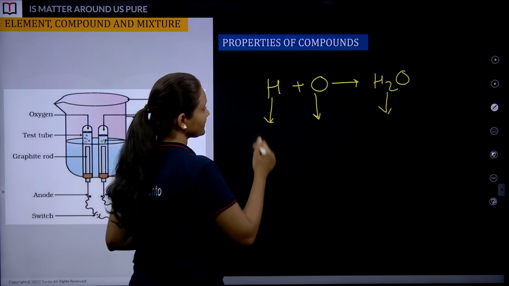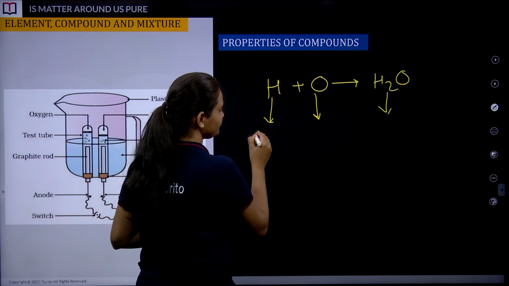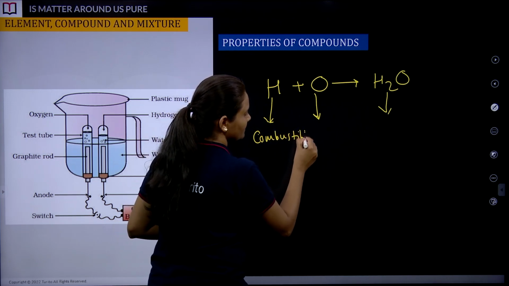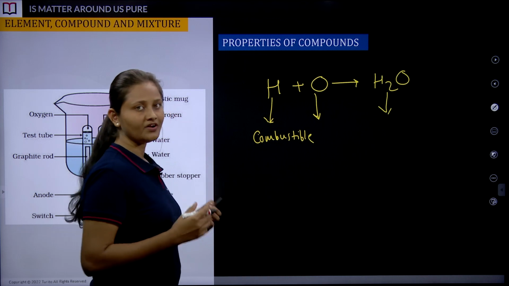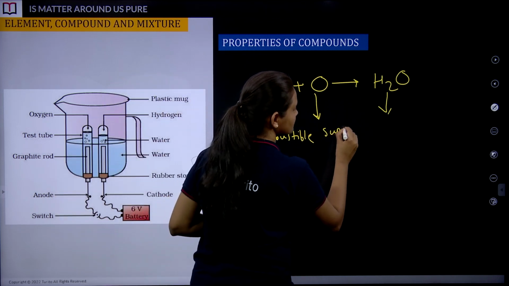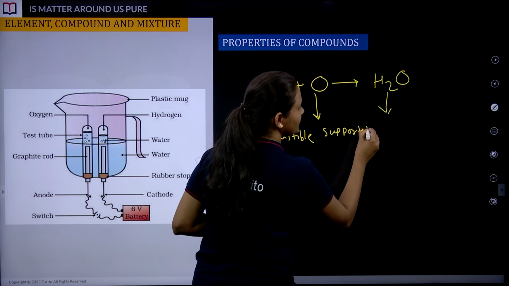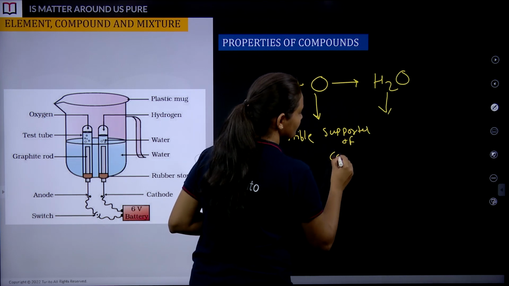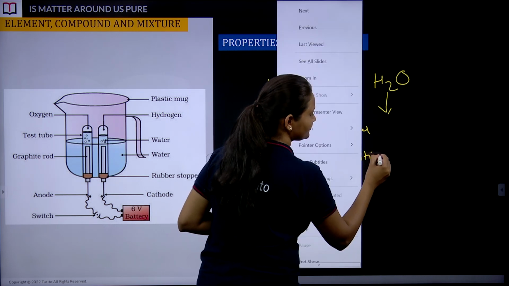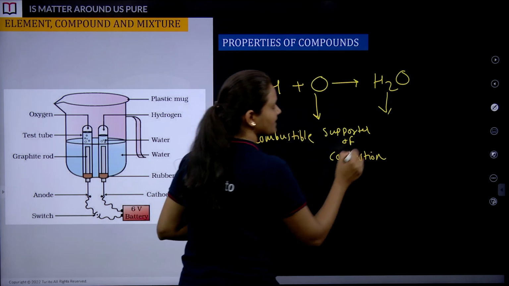Try to understand. Hydrogen is combustible in nature, it undergoes combustion, whereas oxygen is a supporter of the process of combustion. It helps combustion to happen.